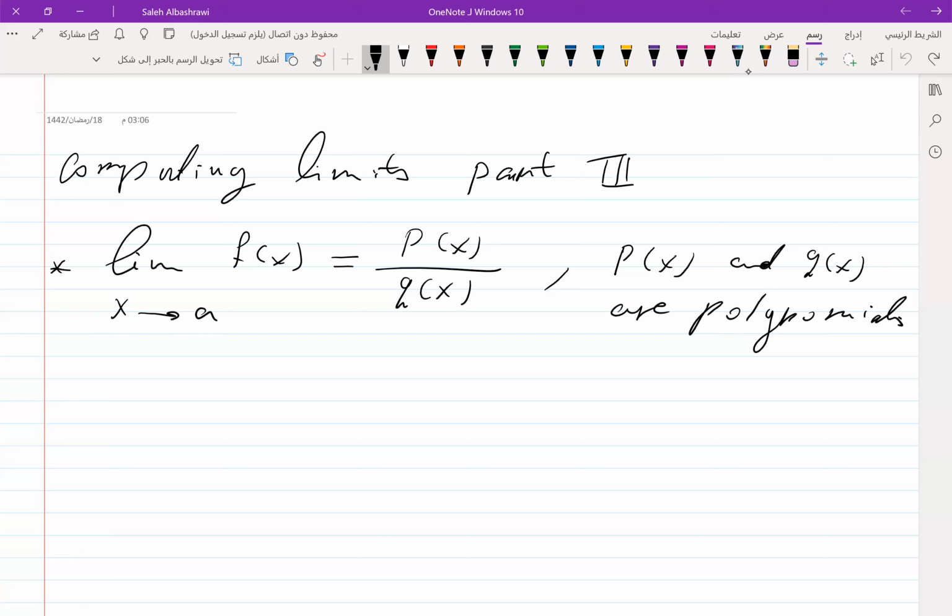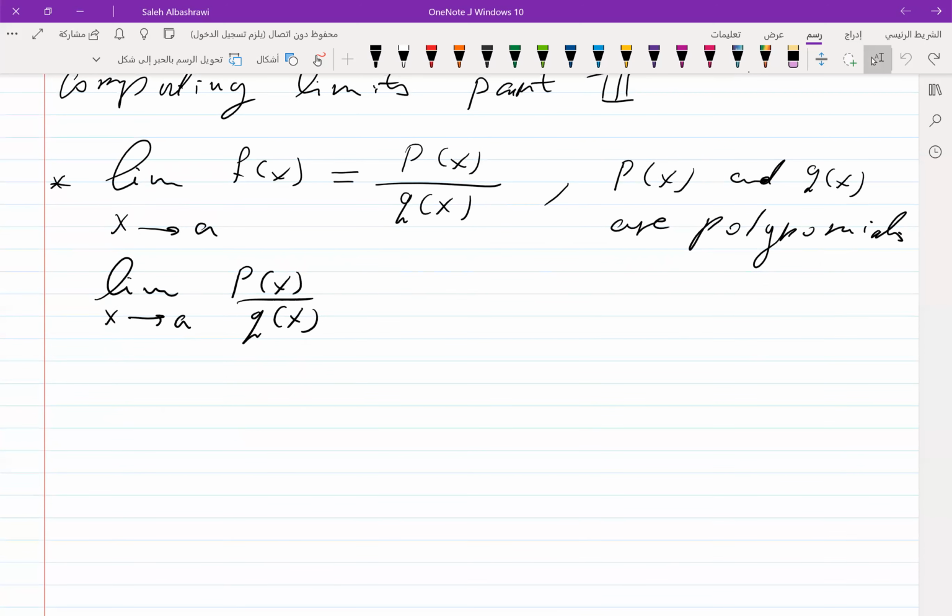So the limit of f of x, which equals p of x divided by q of x, where x goes to a. For the rational function, if we want to find the limit of a rational function, we will have four cases.